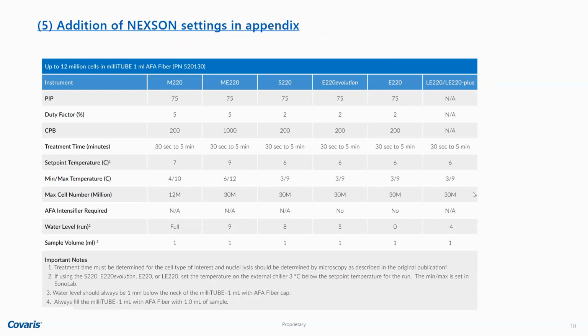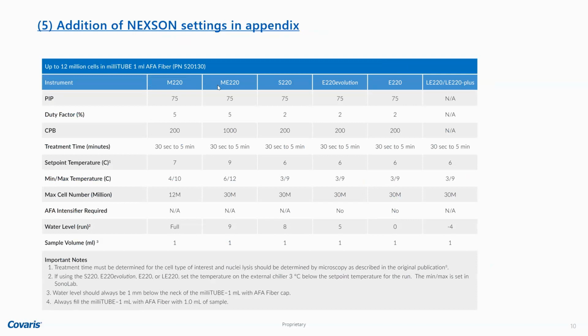The last thing that we implemented into the kit is that for most of our instruments, we now have ready-to-go settings for the Nexson protocol, which many people adopt in order to make their sample preparation better, especially when starting from difficult cells. I will go over the method in my next slides to bring everyone onto the same page.